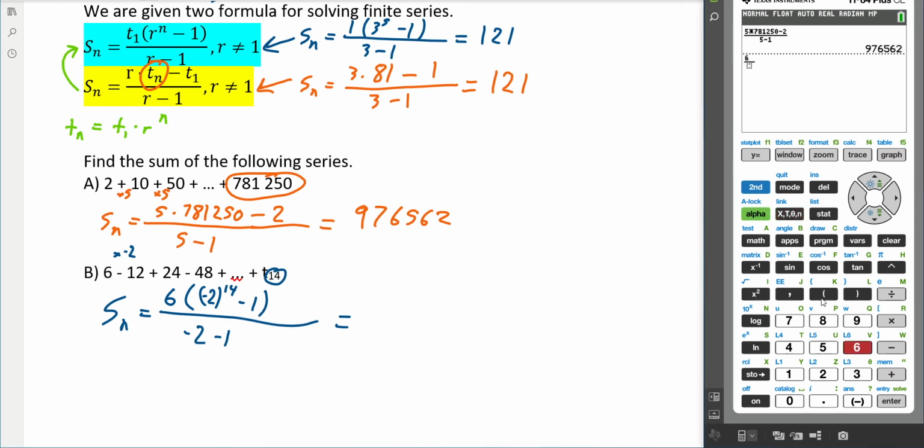Just wonderful that we have amazing calculators like this. Minus 1, -2 minus 1. Okay, so negative 32,766.